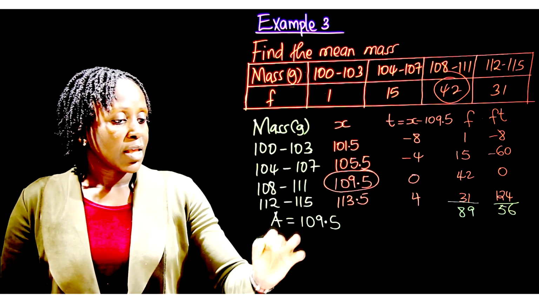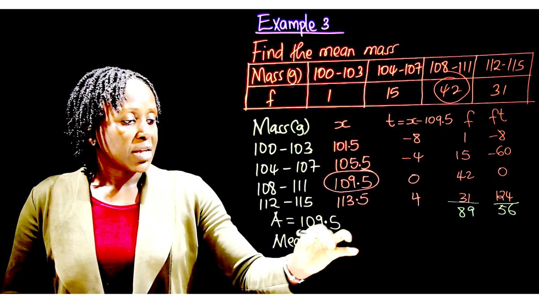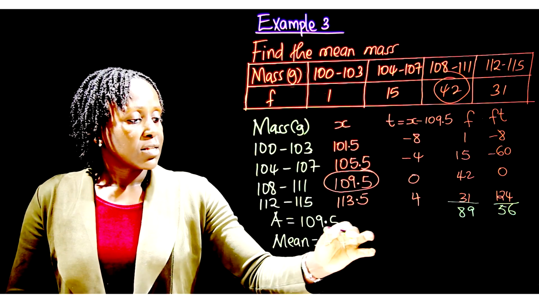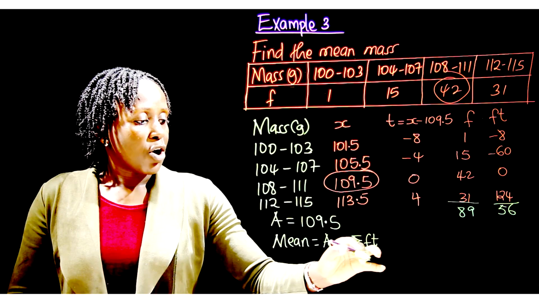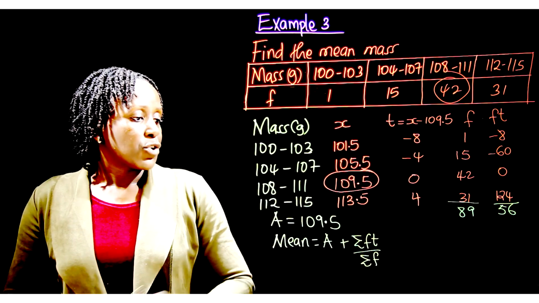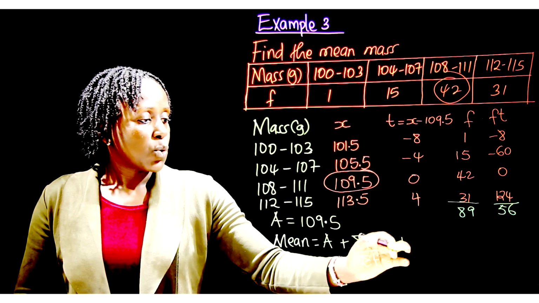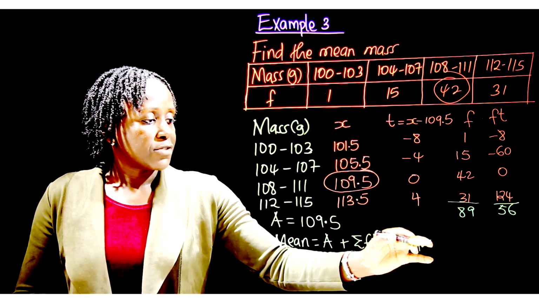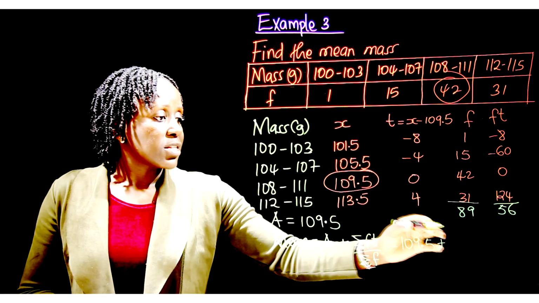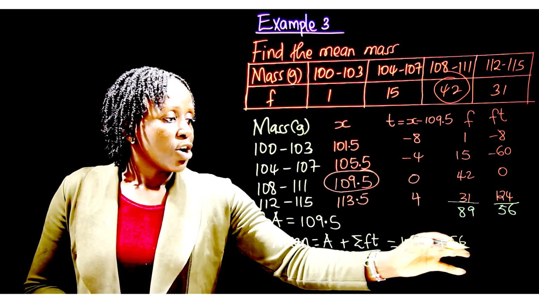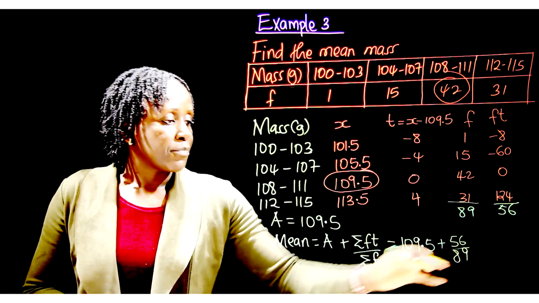Remember, the mean is equal to the assumed mean plus summation of ft divided by the summation of f. So our assumed mean is 109.5 plus summation of ft is 56, all over the summation of f, which is 89.